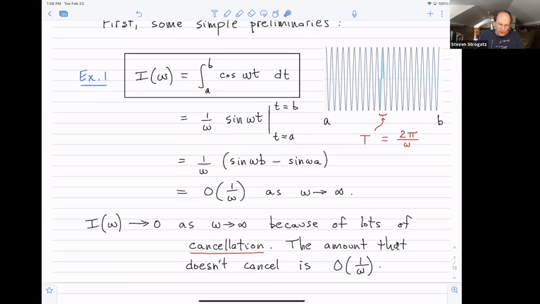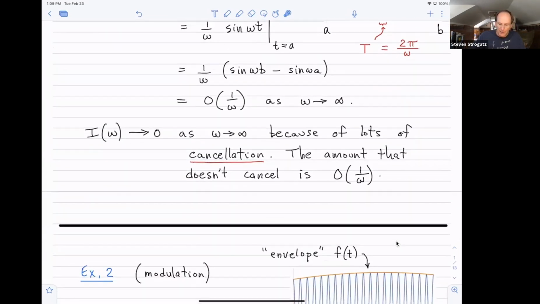So that's the intuition for this kind of integral, that you get a lot of cancellation, and the amount that doesn't exactly cancel is going to be of the order of one of those waves, 1 over omega in width. All right, so that's the first bit of intuition for rapid oscillation.